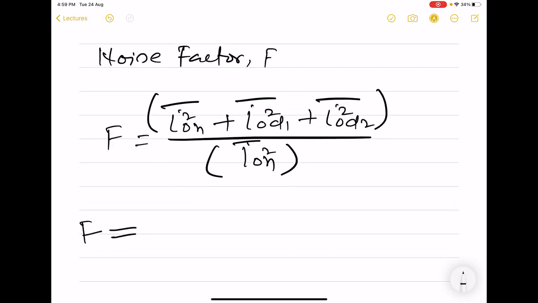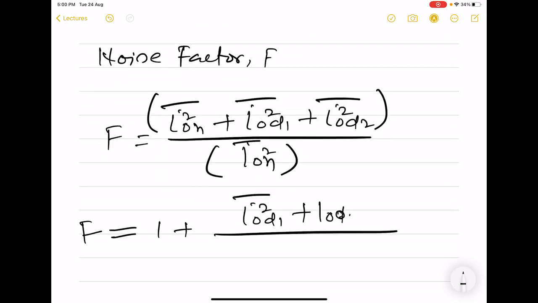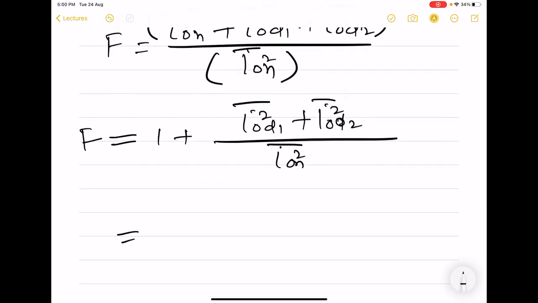So noise factor becomes 1 plus IOD1 mean square plus IOD2 mean square over ION mean square. Now if you substitute the exact expression for each of these three terms and carry out the manipulation, we will get gamma 1.